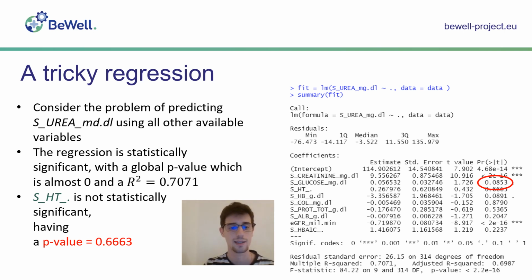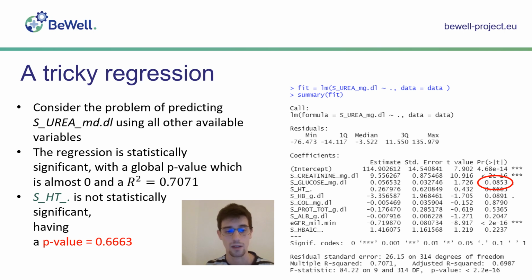The regression is statistically significant, with a global p-value which is almost zero and an R-squared that is 0.7, which is a very good amount of explained variability. Moreover, in clinical studies, it is common that we do not simply want to predict future values of the response variable, but we are also interested in understanding what are the most relevant factors that contribute to such value.